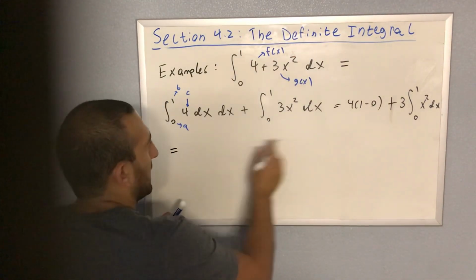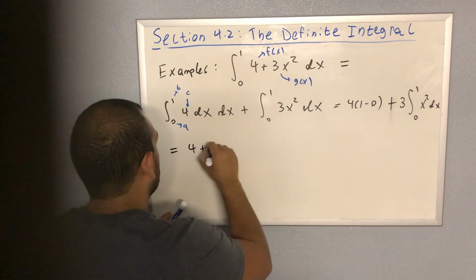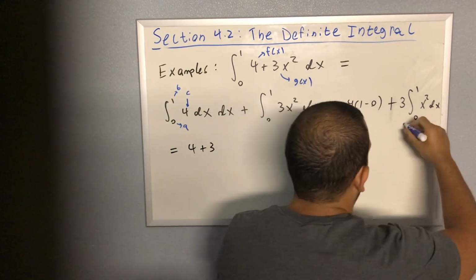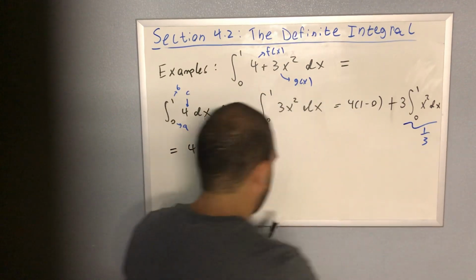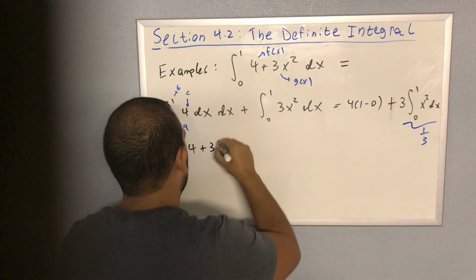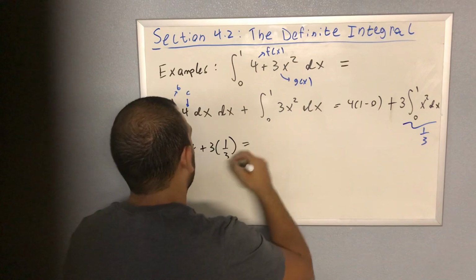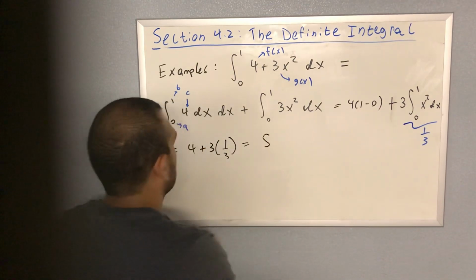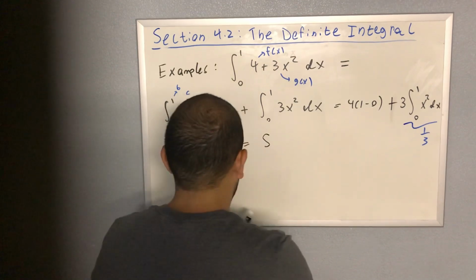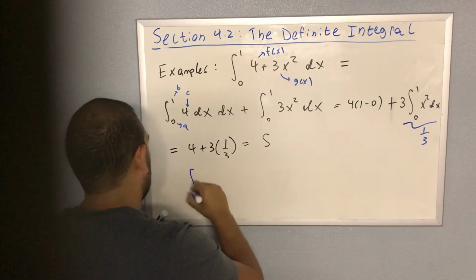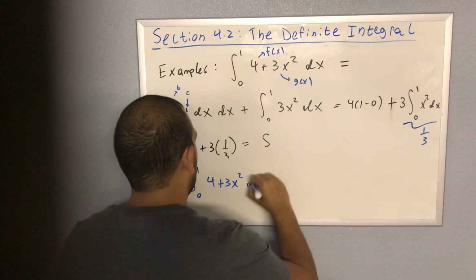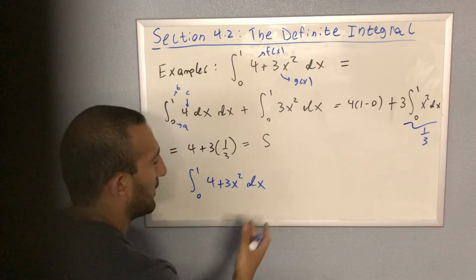So this becomes 4 plus 3 times, and we talked about in the last section that this is 1/3. So 3 times 1/3, this is just 4 plus 1, so 5. So that's the answer. Let's summarize. The area underneath the curve of this function, right, we don't even have to know what it looks like anymore.